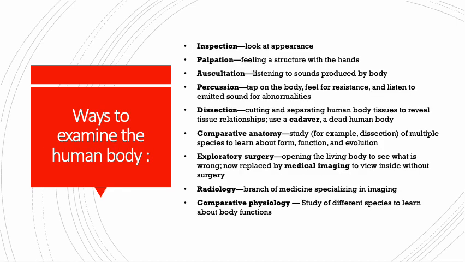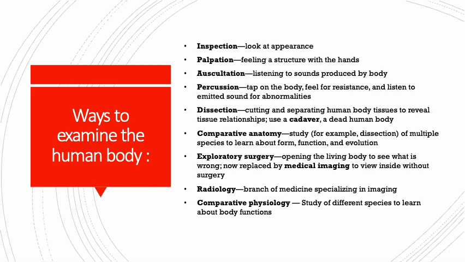So there are numerous ways that we can examine the human body. Many of these ways are things that are done clinically. First we have inspection, which is just looking at it, inspecting it with our eyes. We're not touching, we're not feeling, we're just looking. Palpation is feel. When you touch, when you push, anything like that is palpating. Auscultation is listening to sounds produced by the body.